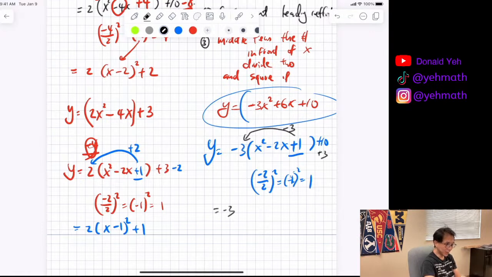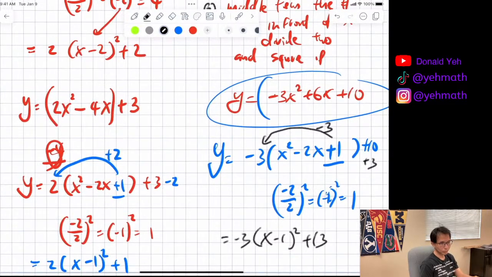So that's equal to -3 times x minus 1 squared plus 13. And that's your vertex form. You have a net loss because of +1 times -3. That's going to give you a -3. If you have -3, you must gain 3 back in order to balance this.